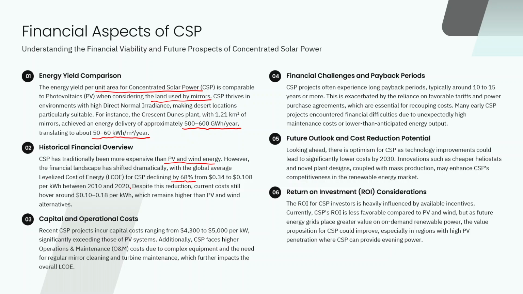We will do the comparison between these and the other energy generation types later on, so you will see a very good comparison later, right?